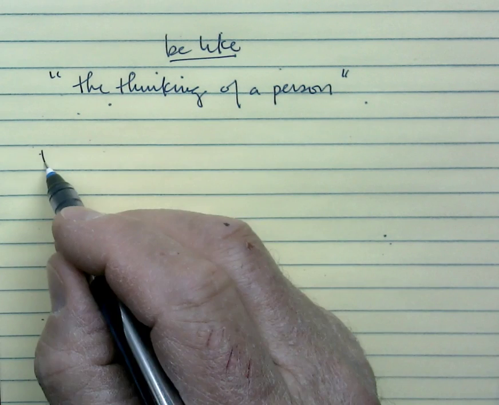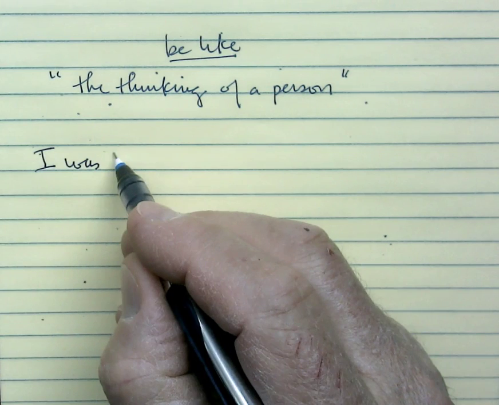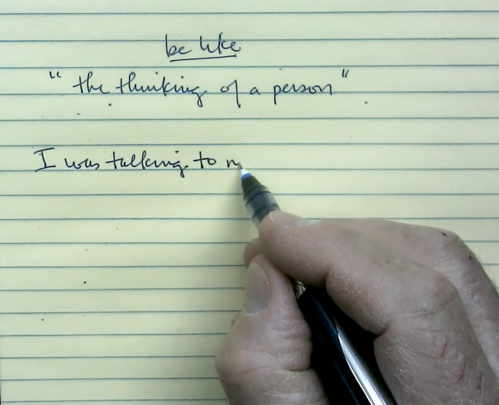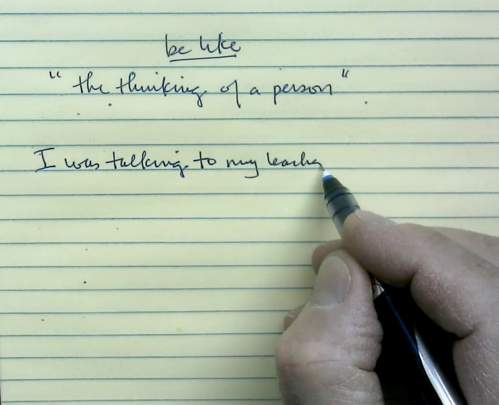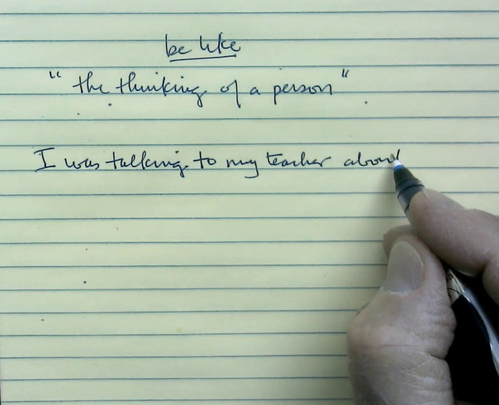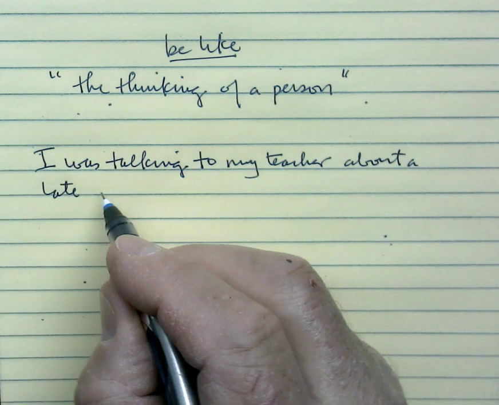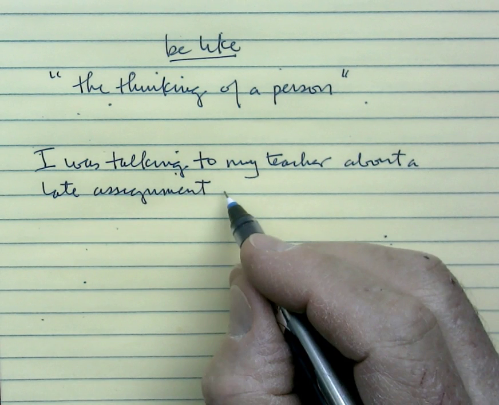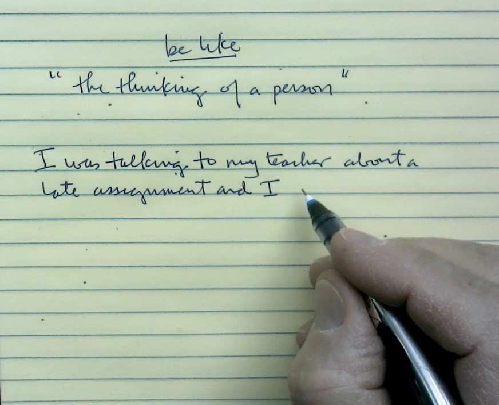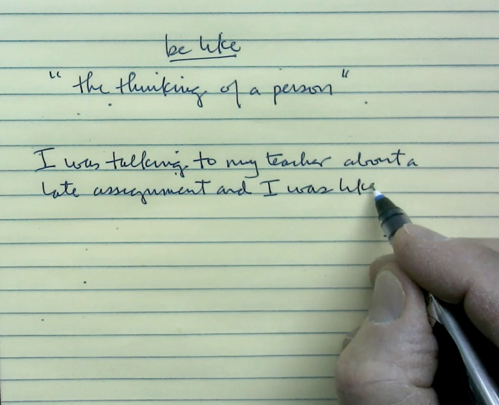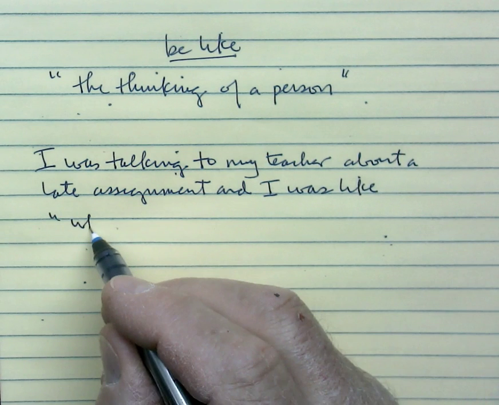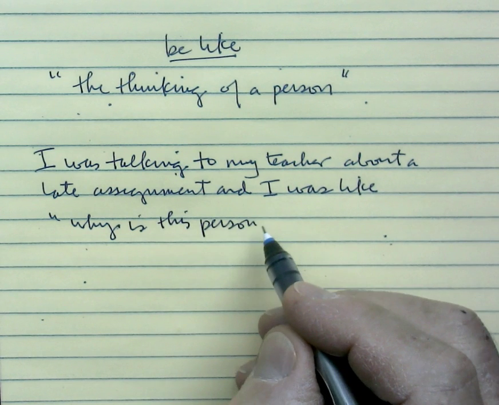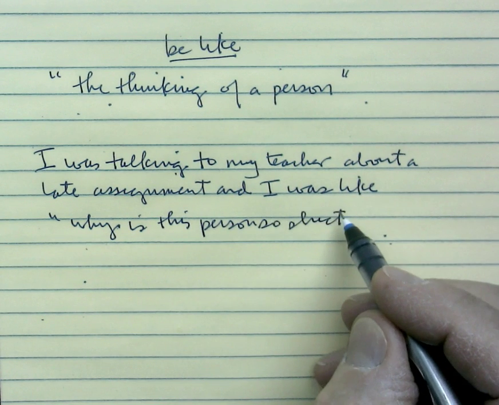For example, let's take a look at our sentence. I was talking to my teacher about a late assignment, and I was like, why is this person so strict?